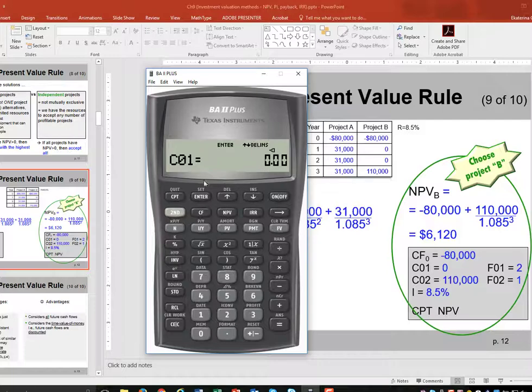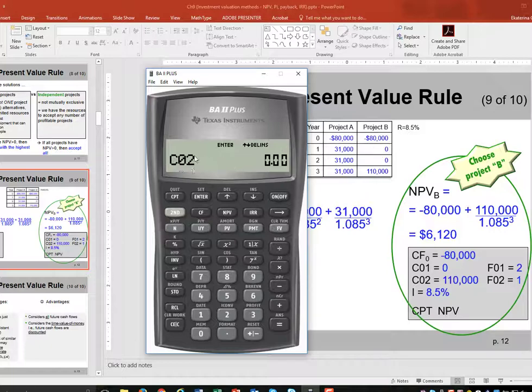I press enter, I press the down arrow key. What's the frequency of that first cash flow? Well, we actually have $0 2 times in a row. So to speed things up, I can change the frequency to 2, press enter to save it, and then the down arrow key. Instead of entering $0 as my next cash flow and leaving the frequency at 1, I could also do that, but that would take me extra few seconds.